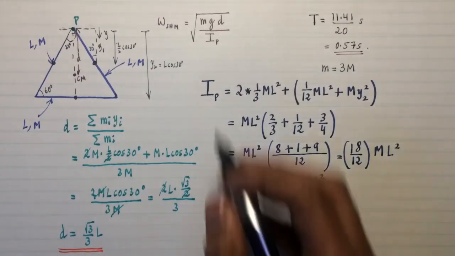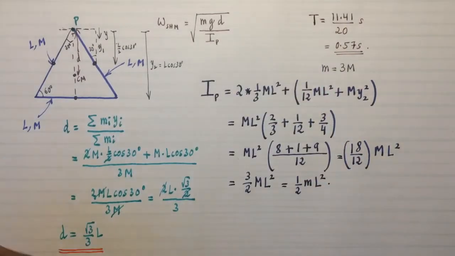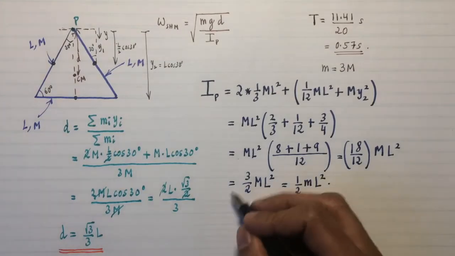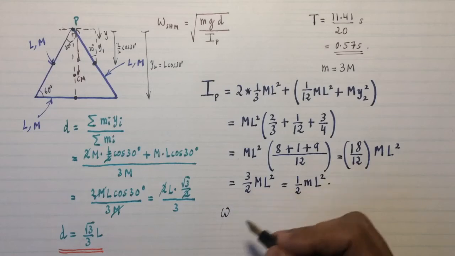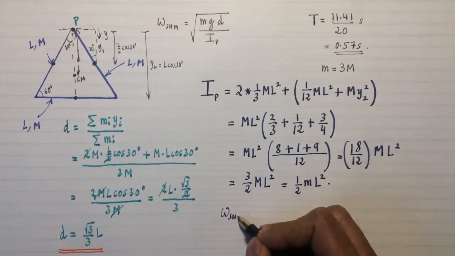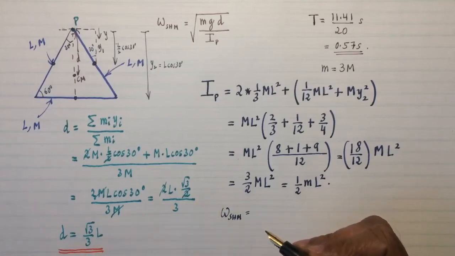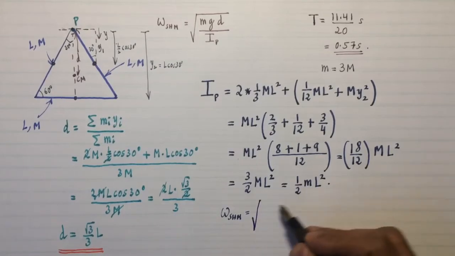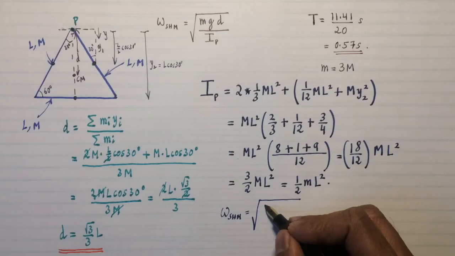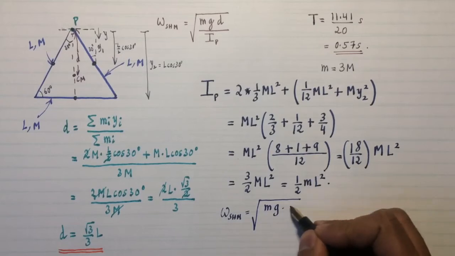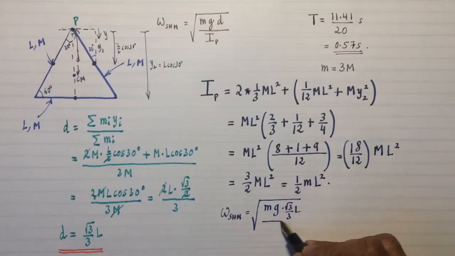Now I'm ready to substitute it into the omega formula to find the frequency of oscillation. So I have here omega, simple harmonic, is equal to the square root of little m g times d, which is root 3 upon 3l, divided by 1/2 ml squared.